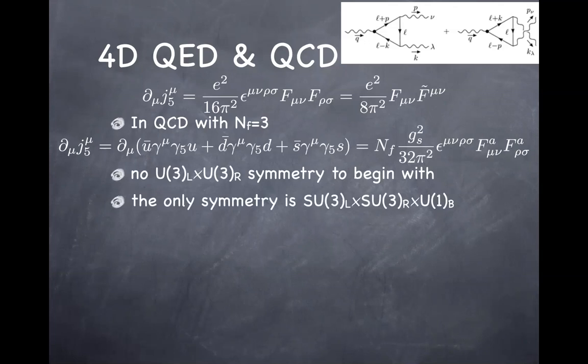To begin with, the only symmetry is SU(3)×SU(3). When you take the U(1) part of a U(3) and choose the left and right transformation the same, that means that you are changing the phase of all quark species by the same amount, and that's nothing but the baryon number symmetry. So that is still there. But the U(1) phase transformation of letting the left-handed and right-handed fields change oppositely is the symmetry that's reflected by this chiral axial current, and that symmetry is now gone.